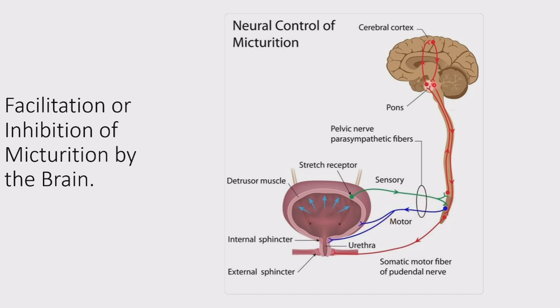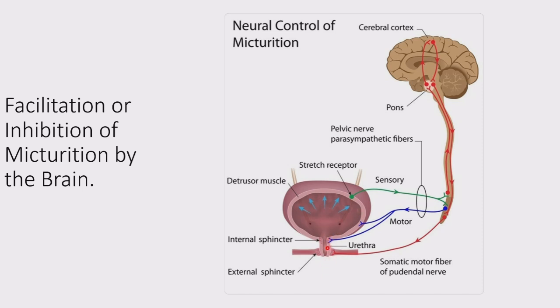When you consciously decide to urinate, your brain will initiate the micturition reflex and at the same time relax your external urinary sphincter, allowing your urine to flow from your bladder to your urethra.